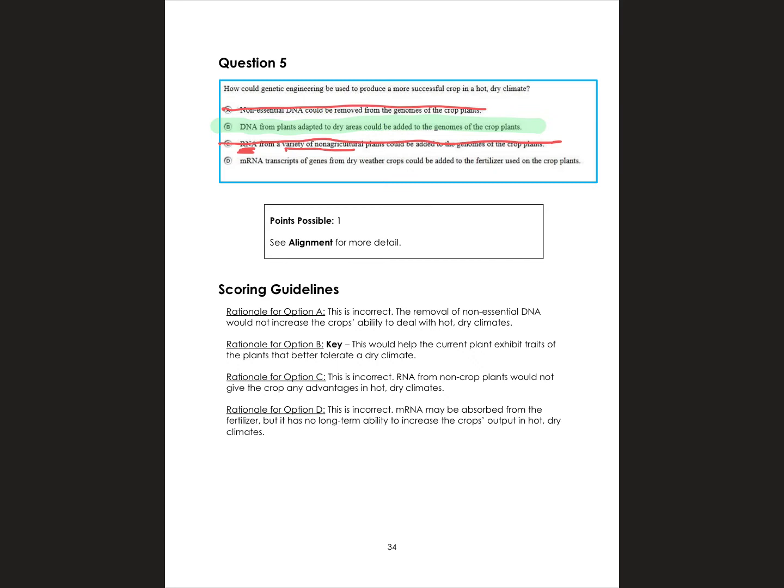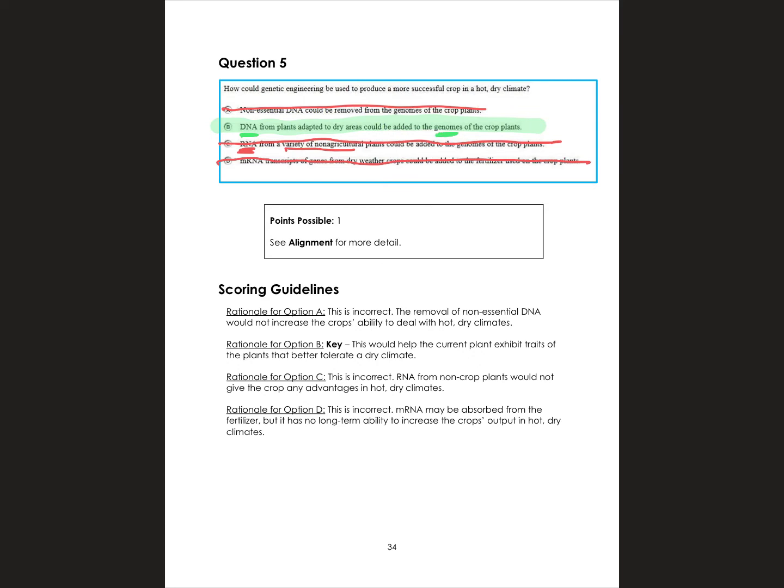mRNA transcripts of genes from dry weather plants can be added. So adding proteins, adding that to the fertilizers, if they could eat resistance to drought, that doesn't make any sense either. So no, that's just crazy. There's only one real answer here, and that's this one. It's the only one that talks about both DNA being added to the genome.